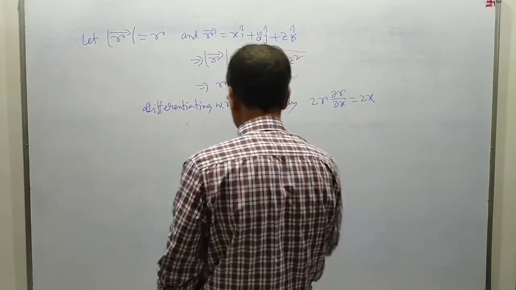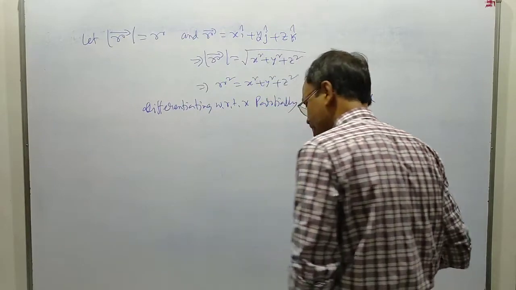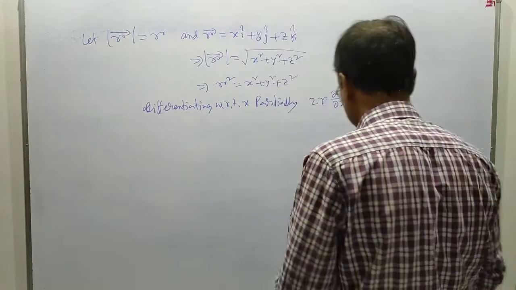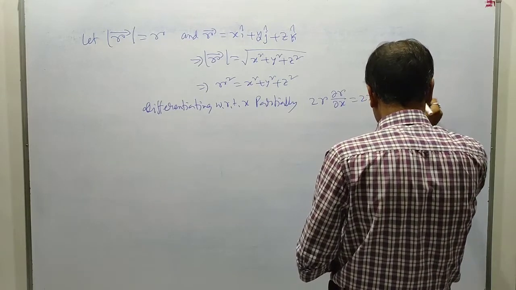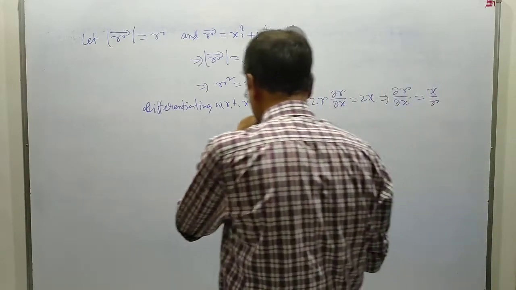Differentiate this partially with respect to x. This means delta r by delta x equals x by r.